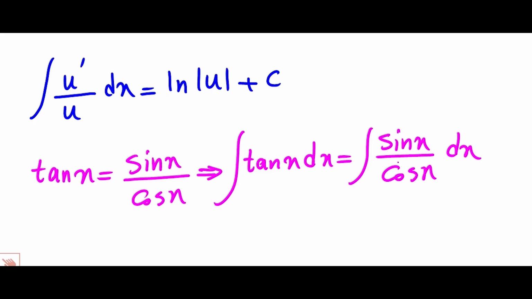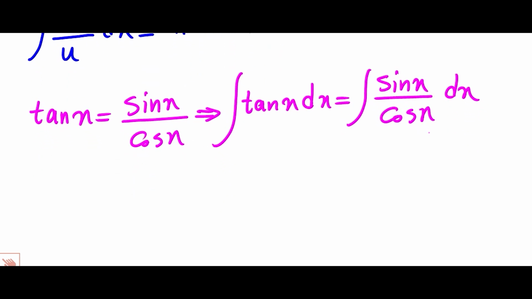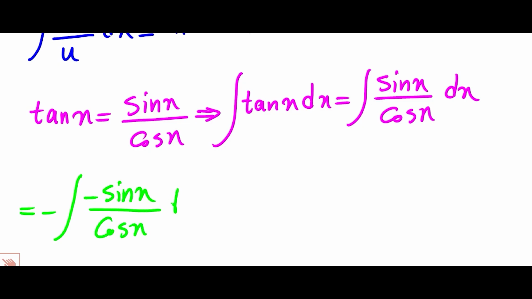Notice that we have a sine of x in the numerator, but we are missing a negative sign. But no problem, we multiply by -1 both inside and outside the integral to balance it. So we have equals negative the integral of negative sine of x over cosine of x dx. Now the numerator is exactly the derivative of the denominator, so applying our rule, we have negative ln of the absolute value of denominator, means cosine of x plus c.